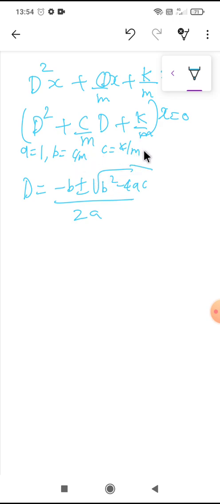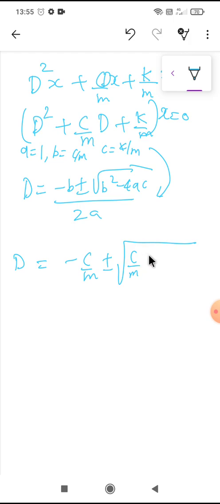If I substitute these A, B, C values here, I will get D is equal to minus c by m, plus or minus under root B square, that is c square by m square, minus 4AC. A is 1 and C is k by m.